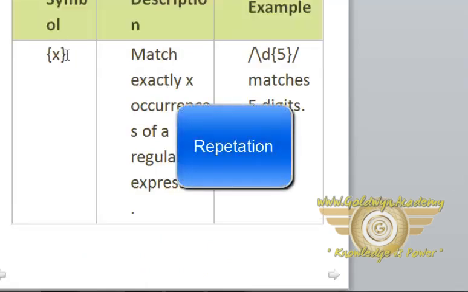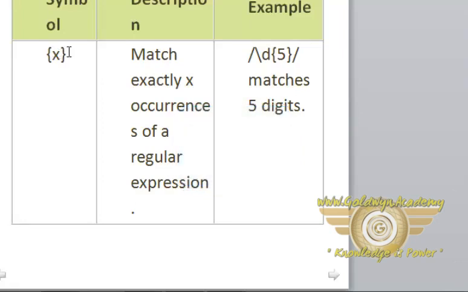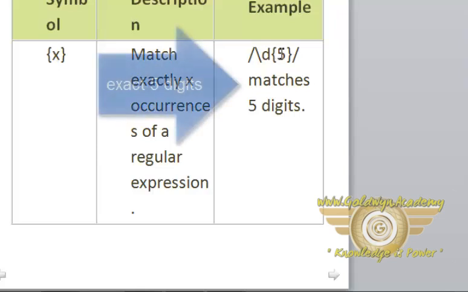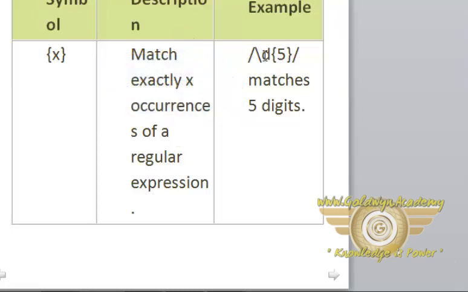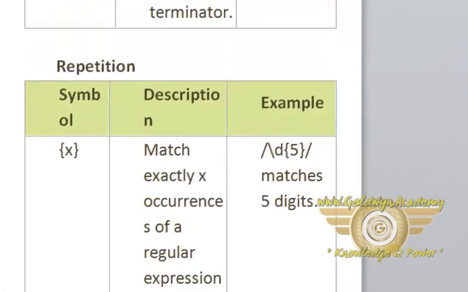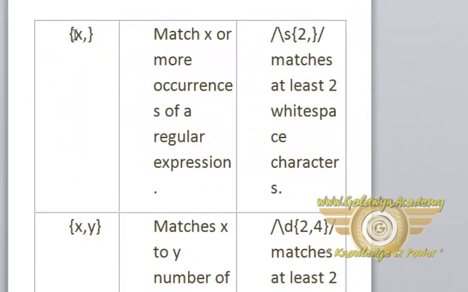Repetition. If you write a digit inside these curly braces, it matches exactly X occurrences of a regular expression. This is the example. Here \d means any digit. If you want to write exactly 5 digits, then you should follow this syntax. It matches exactly 5 digits. Here in curly braces, a starting digit, then a comma, and then nothing.